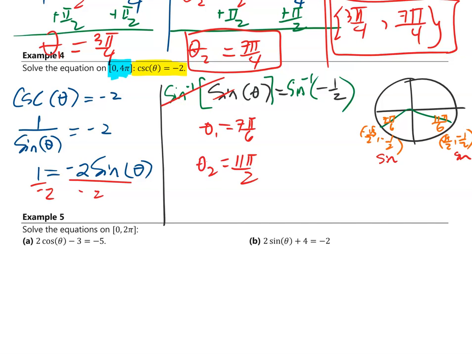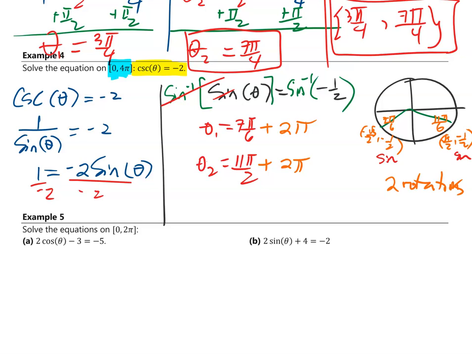But take note, it says here to solve the equation on the interval from 0 to 2 pi. So meaning that is with 2 rotations. So all we have to do is add another rotation, so another period, which is 2 pi for both.